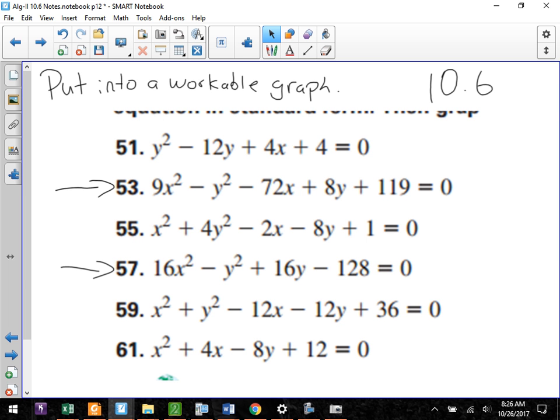Even if you don't complete the square fully, you can fudge your way through it. On 51, it's a parabola. On 53, you'll notice that you have a minus y squared, so it's a good chance it's either going to be a hyperbola or an ellipse, unless there's one of the tricks.